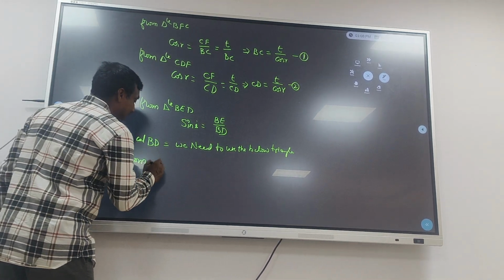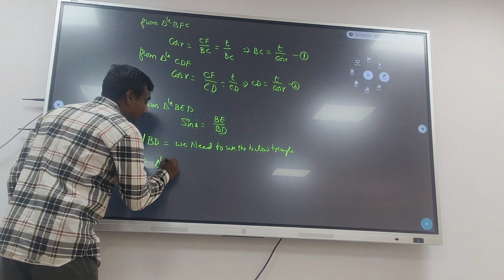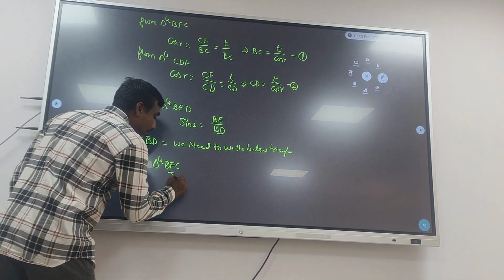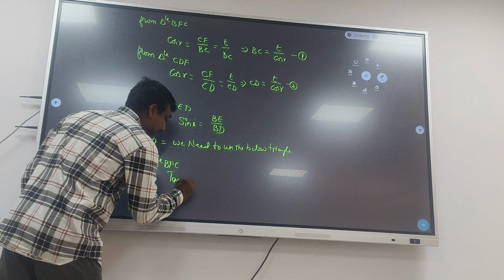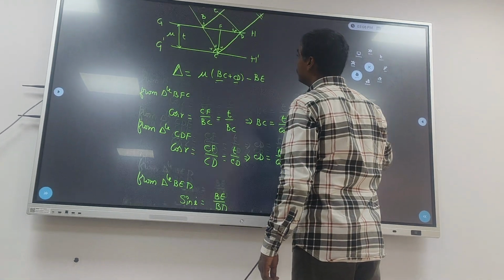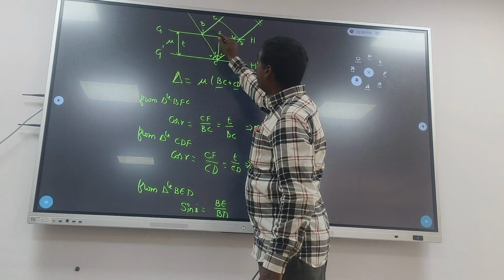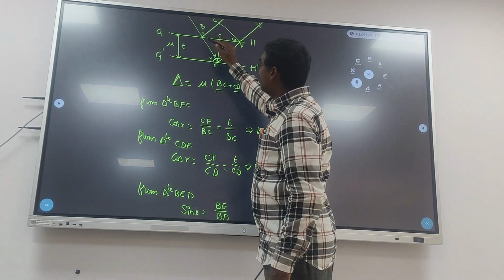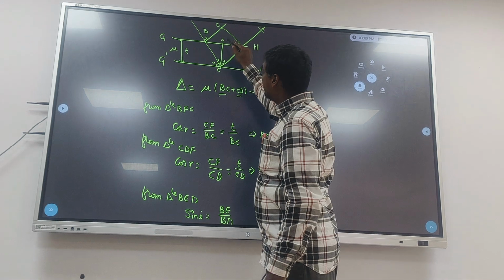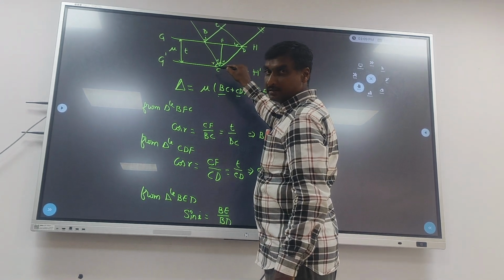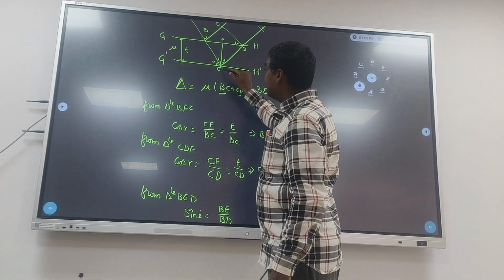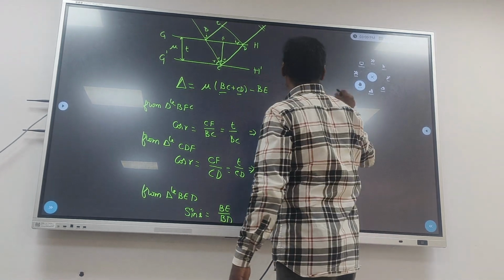So from triangle BFC, tan r is equals to, see this again, we are going to diagram. So from BFC, tan r means opposite side by adjacent side. So opposite side is equals to BF and adjacent side is equals to CF.